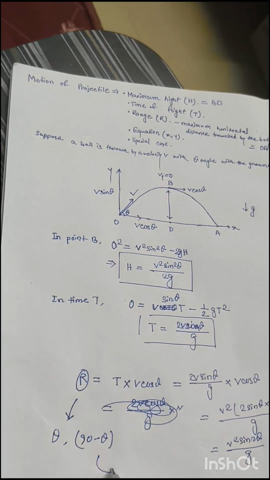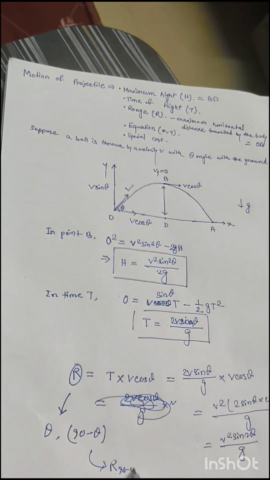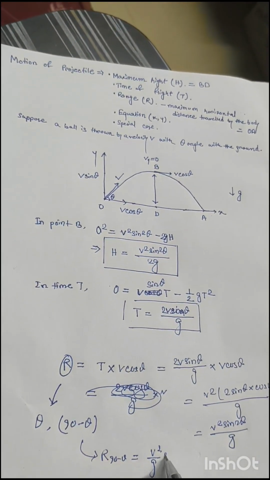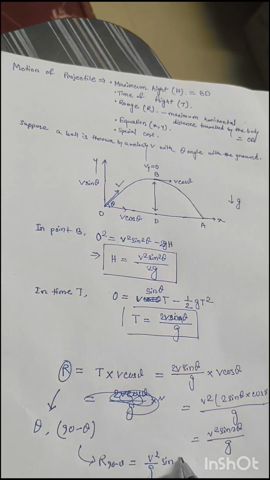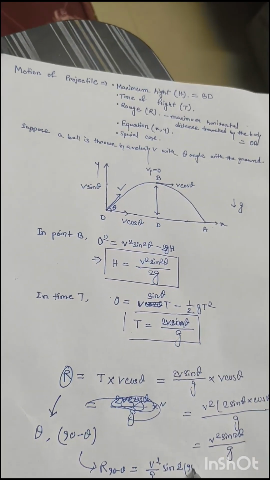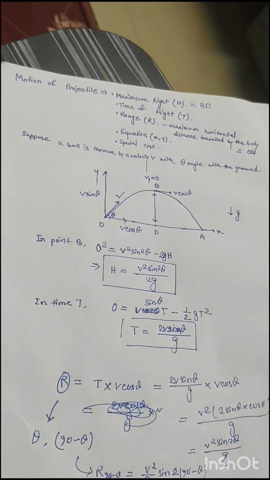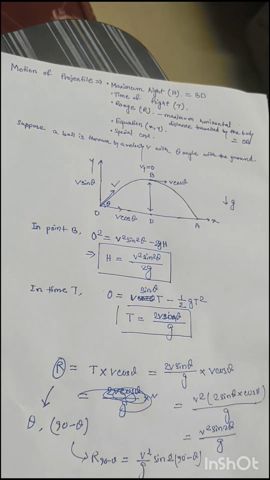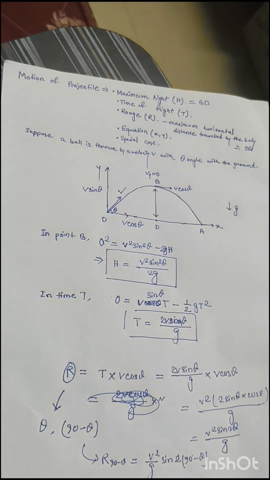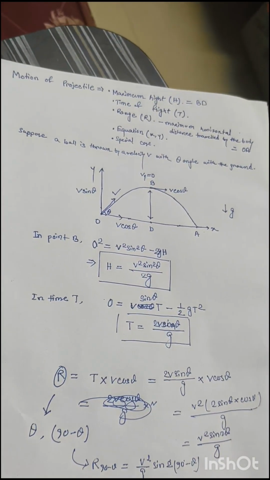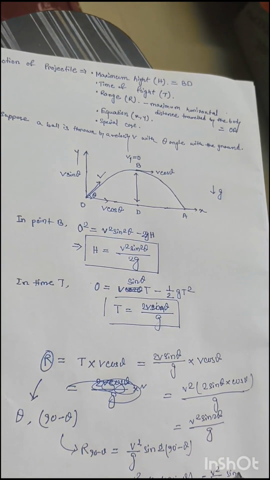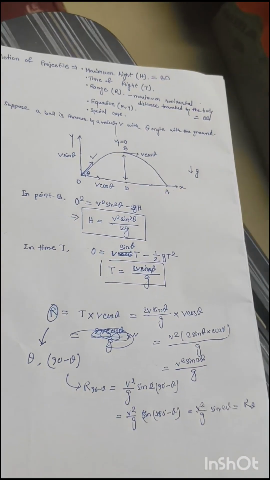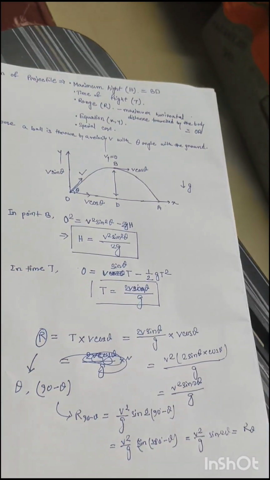If we put r for 90 minus theta, here we can find that v square by g is always constant, and the range is equal.